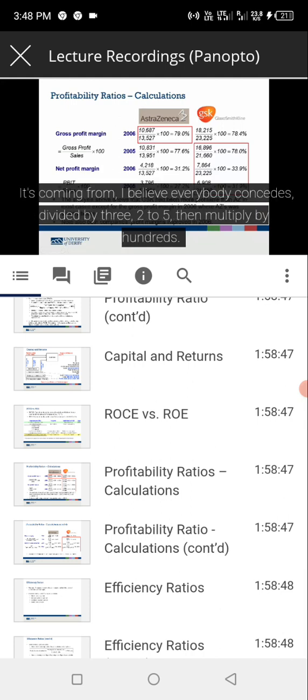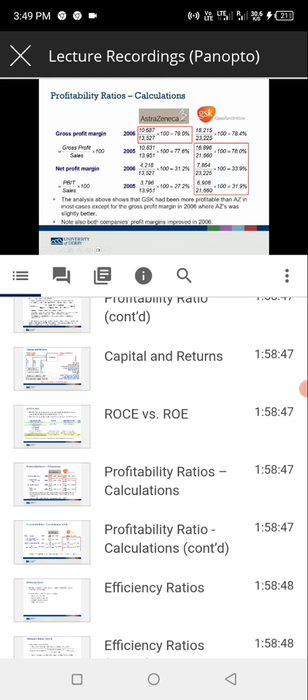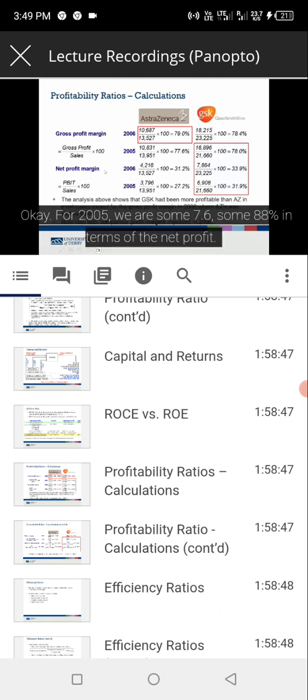I believe everybody can see it. Divided by 23,225, then multiply by 100. That will give us 78.4%. For 2005, we have 77.6, 78%.